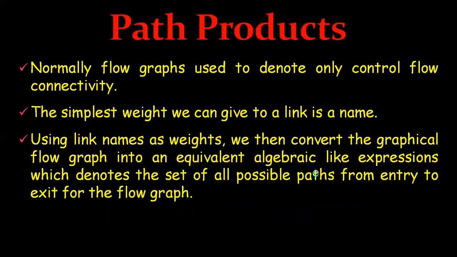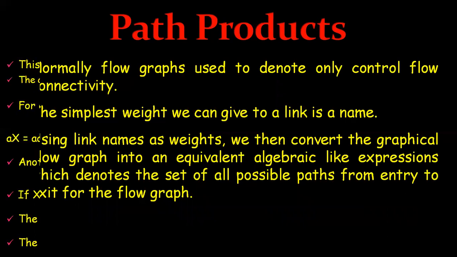Now let us see what a path product is. Normally flow graphs are used to denote only control flow connectivity. Here simple weights, which are names, can be given to a link. Instead of using only connectivity, we convert the graphical flow graph into an equivalent algebraic expression, which denotes the set of all possible paths from entry to exit of a flow graph.